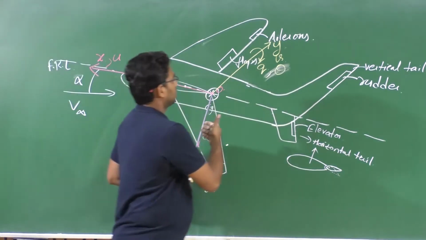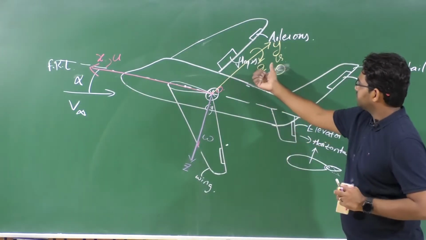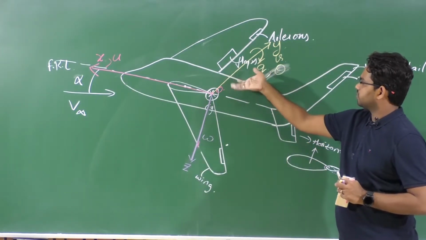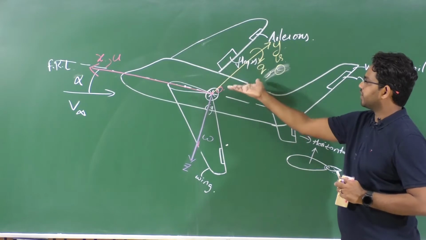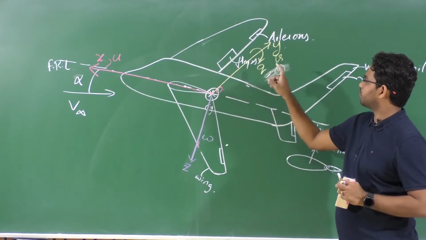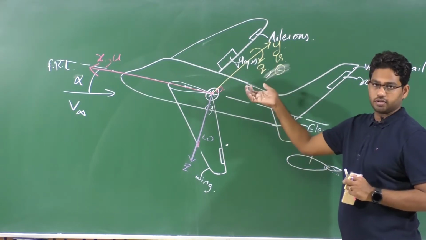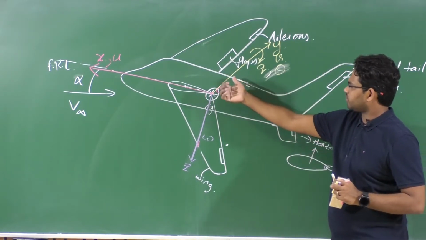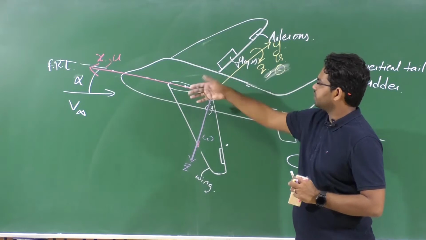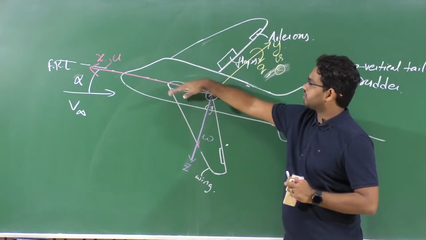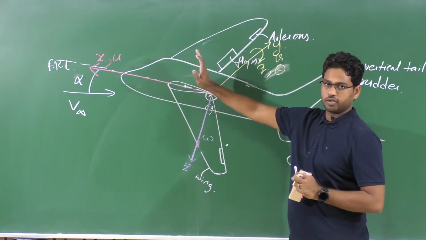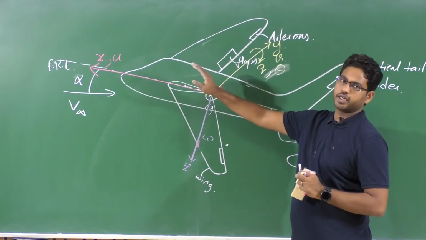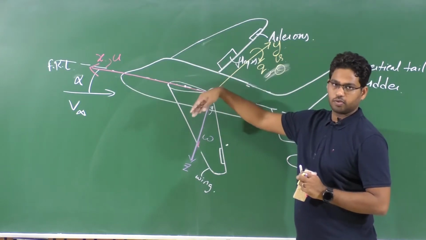So let us also define the convention here. About y-axis, if you stretch your thumb along the positive y-axis, the curl of your fingers will give you the corresponding positive rotation, right? So pitch up is positive, so nose up. What is the positive rotation about y? If the aircraft rotates its nose up, right? Whatever moment helps the aircraft to rotate its nose up is called positive moment.